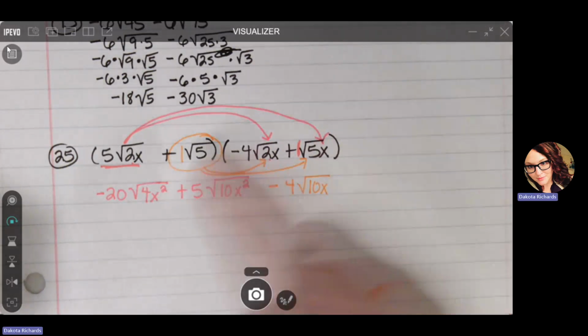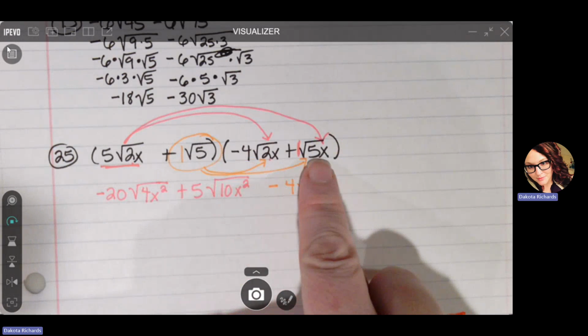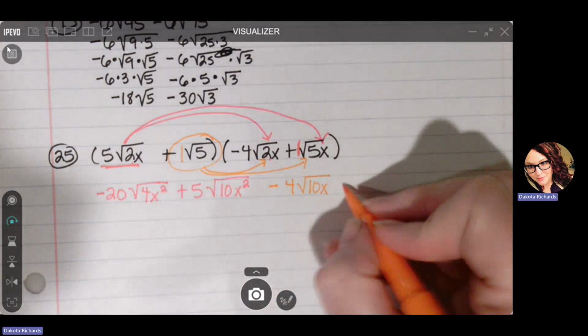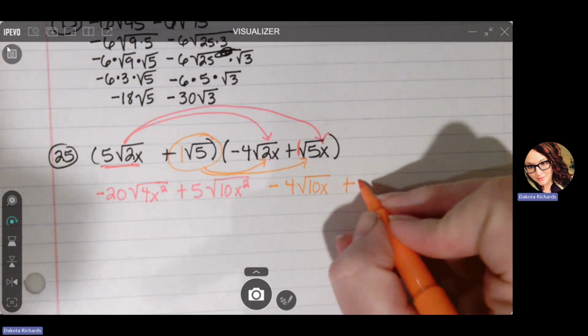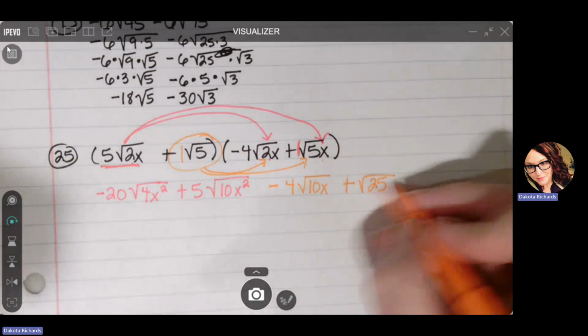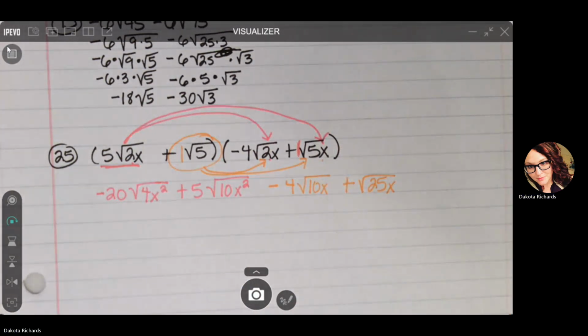And then square root 5 times square root 5x. You can technically put a 1 on the outside, you don't have to. I'm not going to. 5 times 5 is 25, and then you still have that x underneath. Okay. So I've shown you where those came from. Now let's combine, simplify, do all that good stuff.